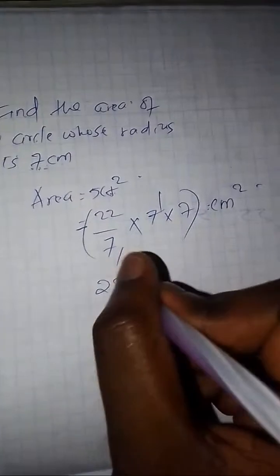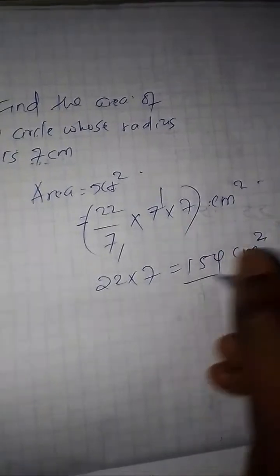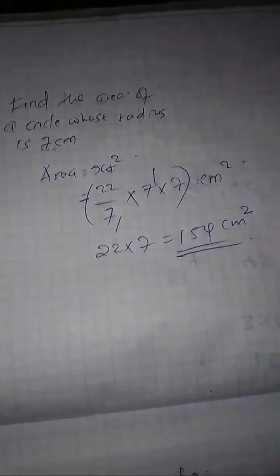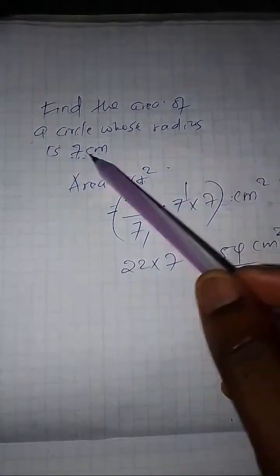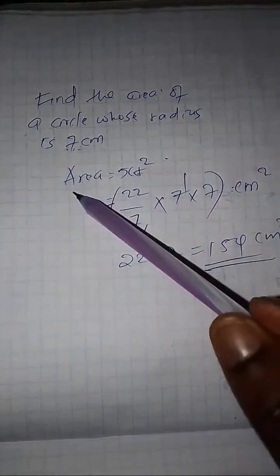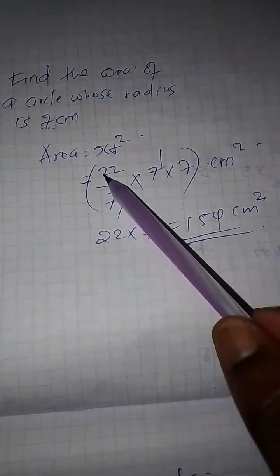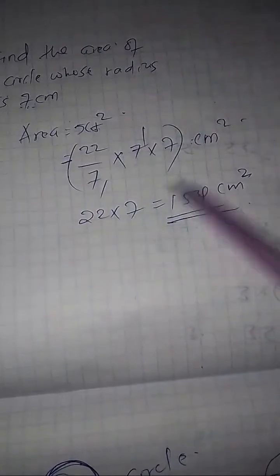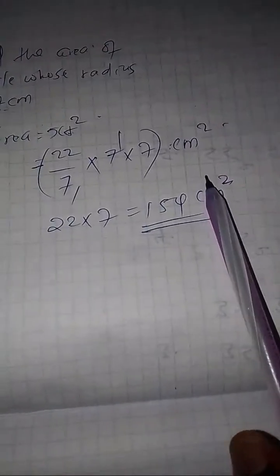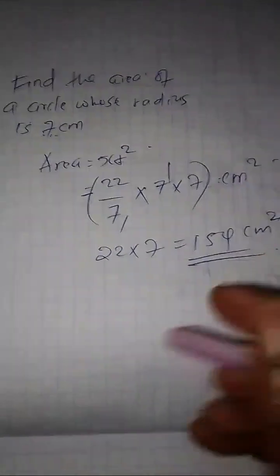So we shall have 22 multiplied by 7, and the answer is 154 centimeters squared. So that is how we work out the area of a circle, and that is how we find the area.